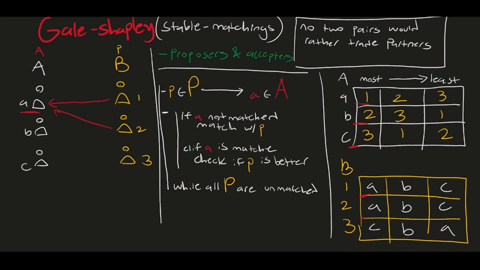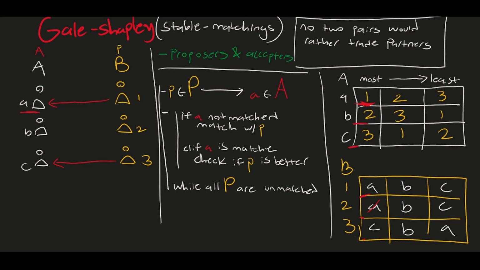So A is going to check their preference list, and it seems that A most prefers 1 over 2. So A is going to stick with their match, so 2 cannot choose that anymore. Let's move on to the next one, C. So 3 proposes to C.